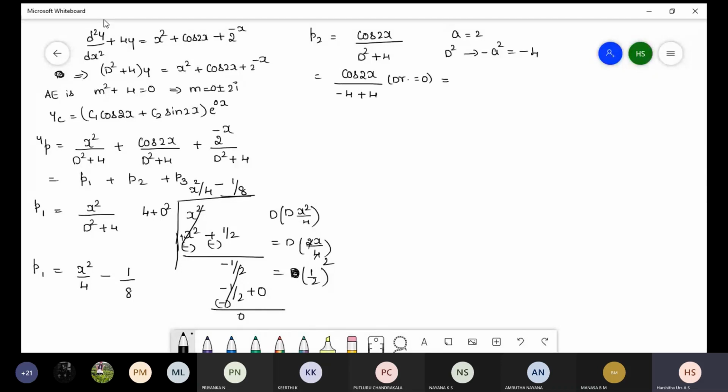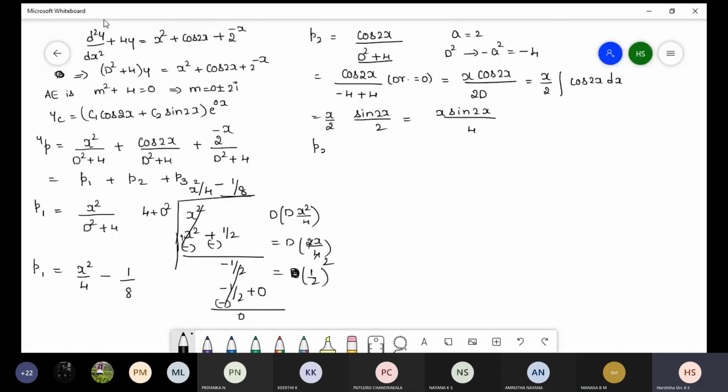That is equal to x into cos 2x divided by differentiation of f of d, which is 2d. So as I told, the reciprocal of the differentiation is integration. So integration of cos 2x is sin 2x divided by 2. So we get x into sin 2x divided by 4. This is the P2 value.